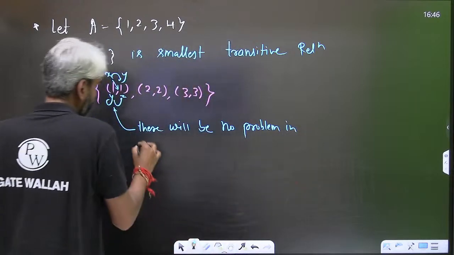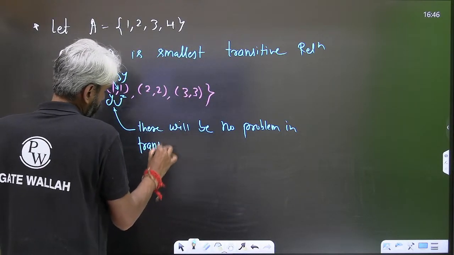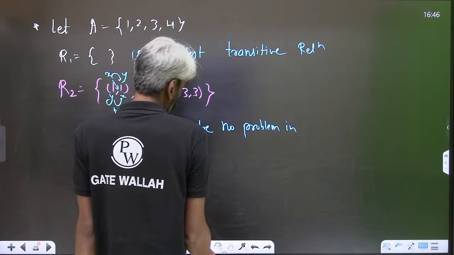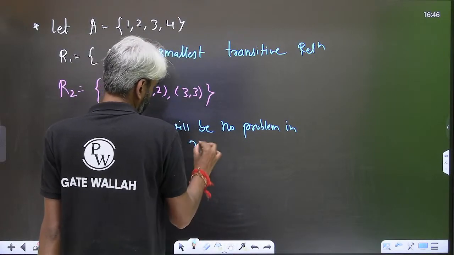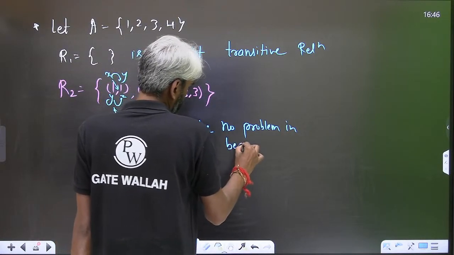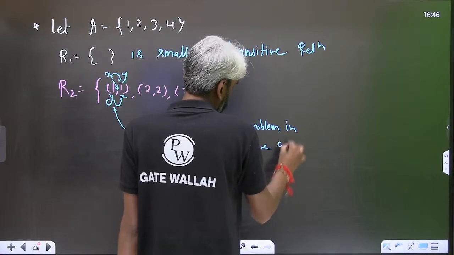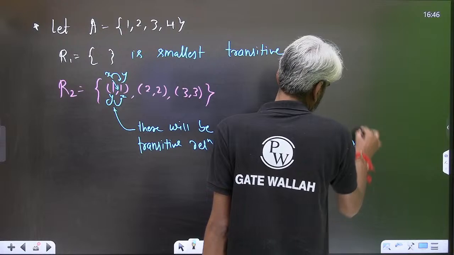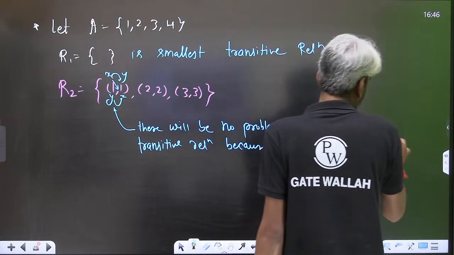There will be no problem in a transitive relation because of the presence of diagonal ordered pairs.